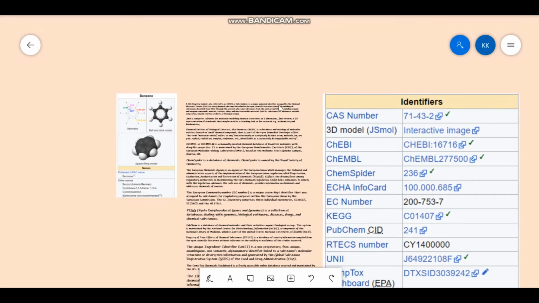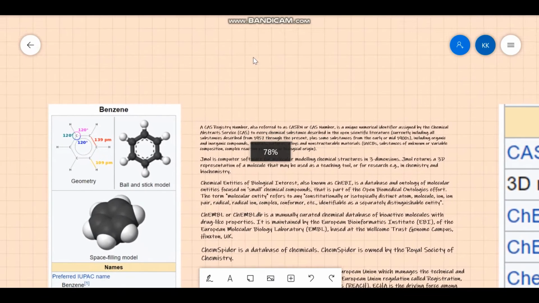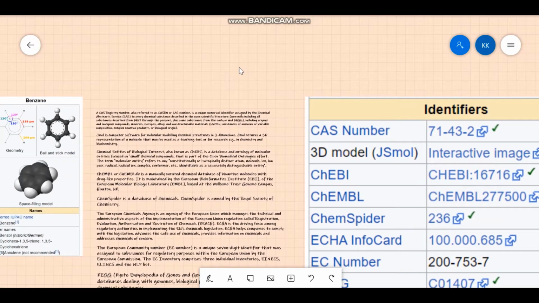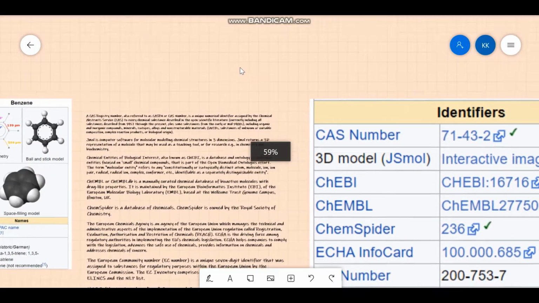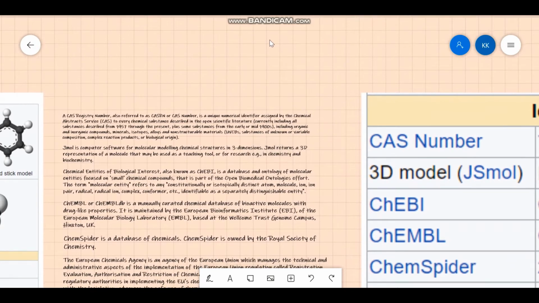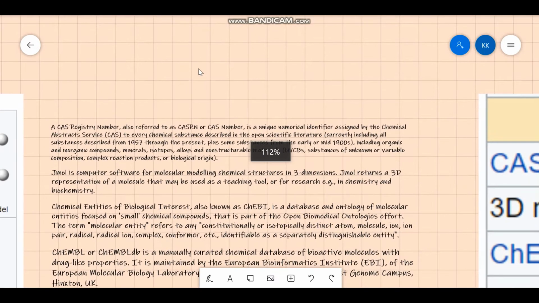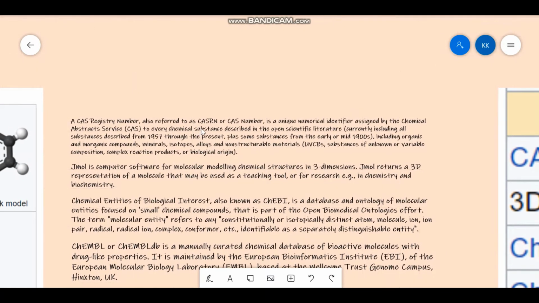For this video I have used the data for benzene, but these terms are not specific for benzene and are valid for all types of compounds. So the first identifier is a CAS registry number, also referred to as CAS RN or CAS number.